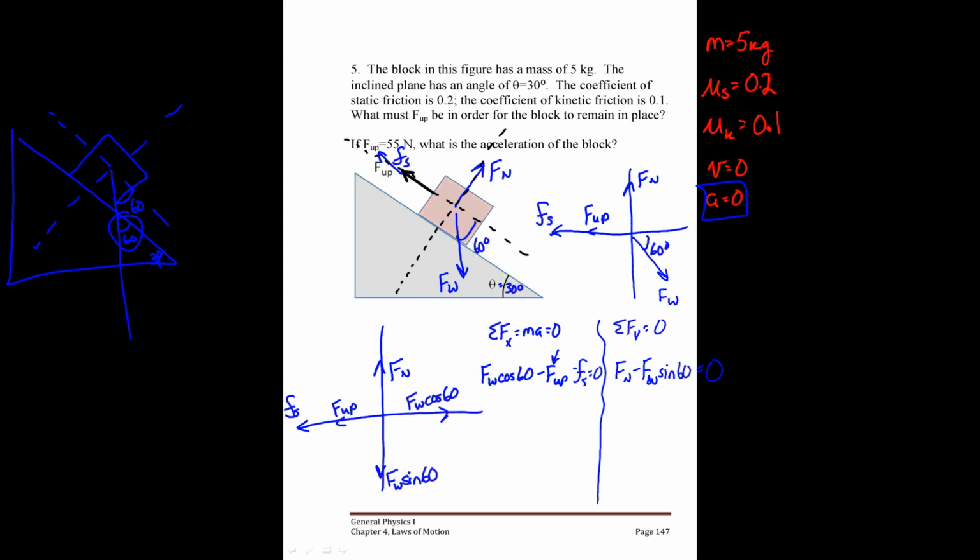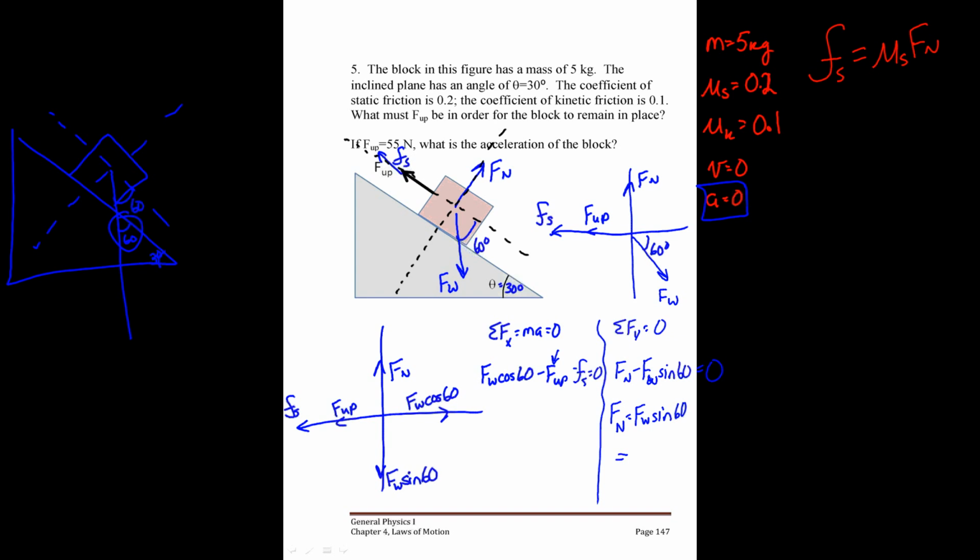So I need to figure out what Fs is in some way so I can solve this equation on the left-hand side for F up. Now, I know that Fs, in this case, since it's a minimum, is equal to mu s times the normal force. But I don't know yet what the normal force is. However, I can say from the equation here that Fn equals Fw sine of 60.